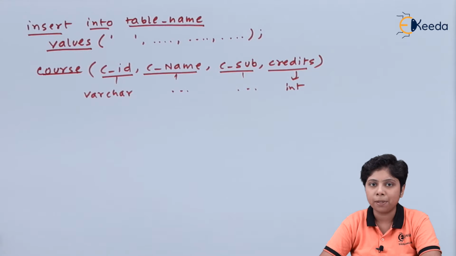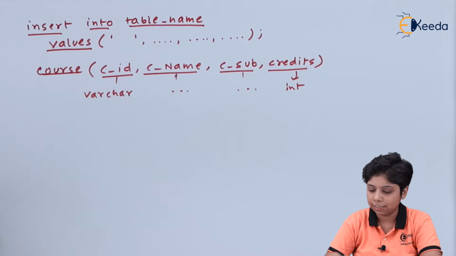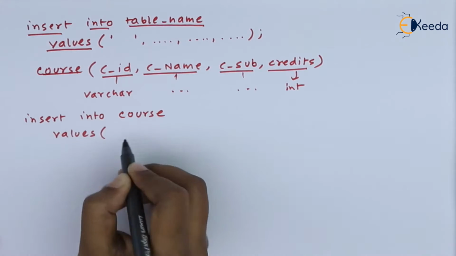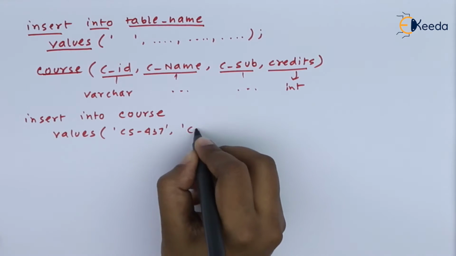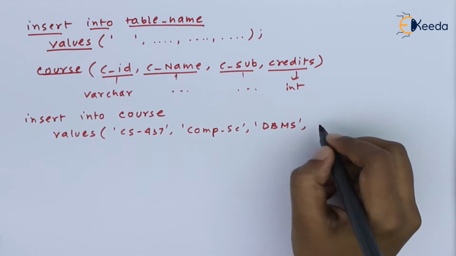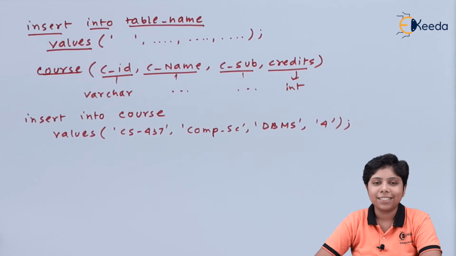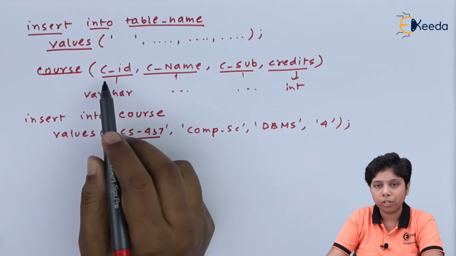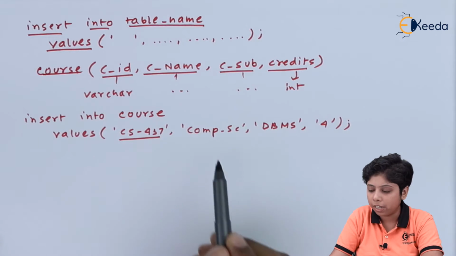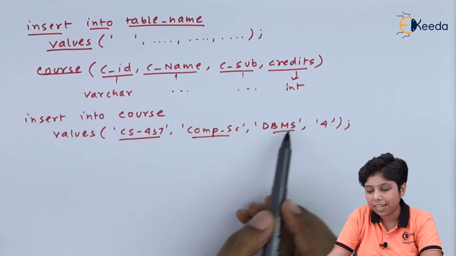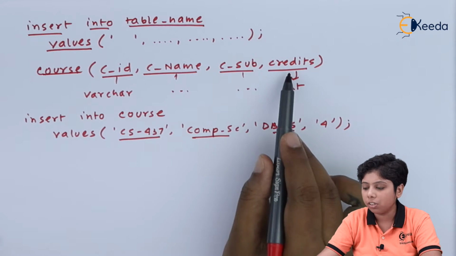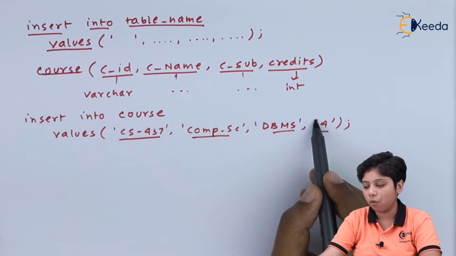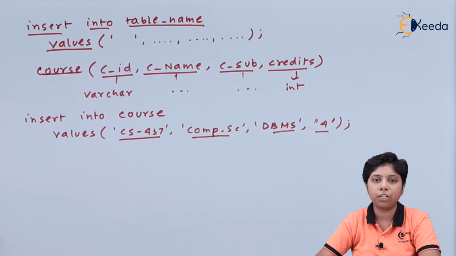Say for an example, I am putting the values against them. See here when I am performing this, first, CS437 will go to the CID as it is a varchar. Same goes with computer science and DBMS. Now for the credits, the data type is int, but here I am putting the 4 inside single inverted commas.